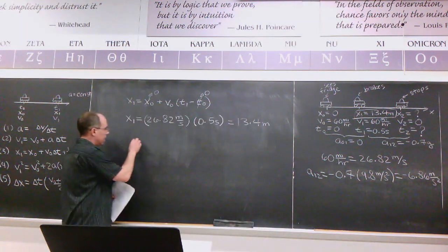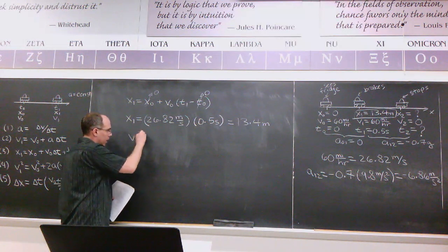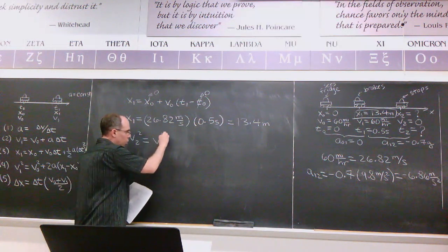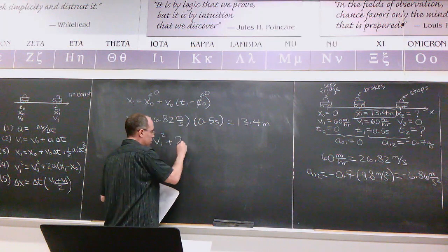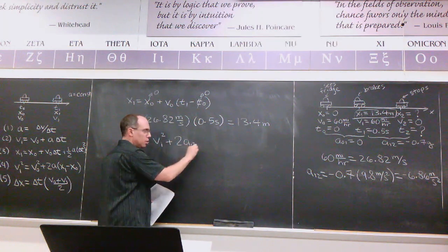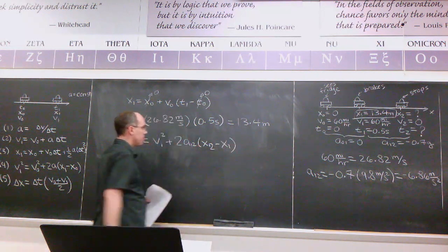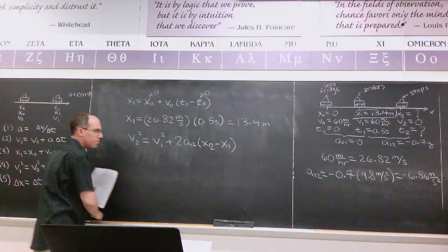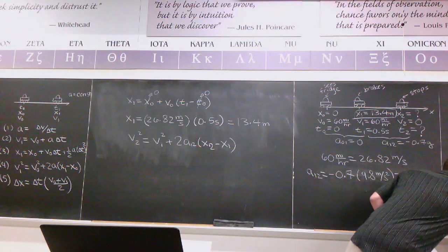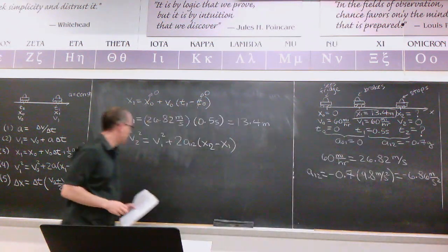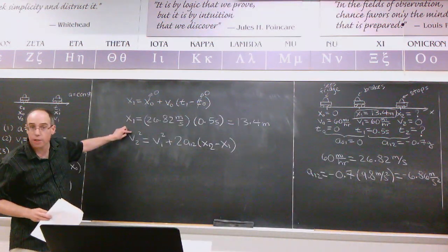So what we have is v2 squared equals v1 squared plus 2 a12 times (x2 minus x1). We can simplify this a bit.